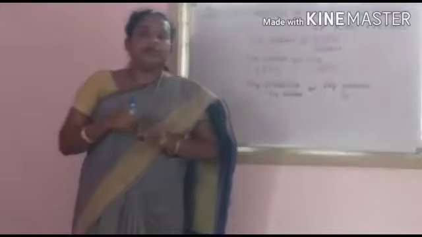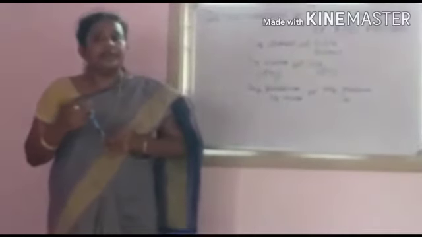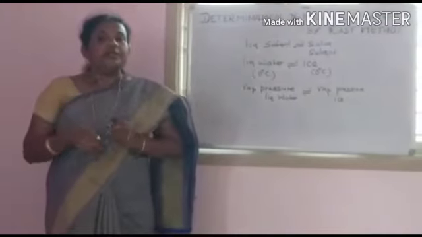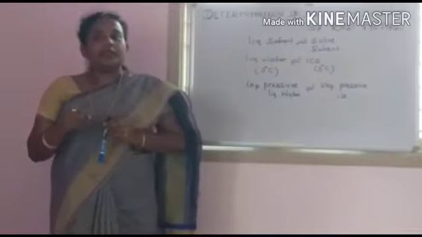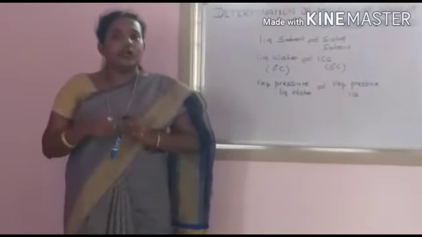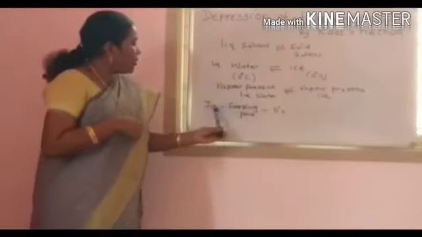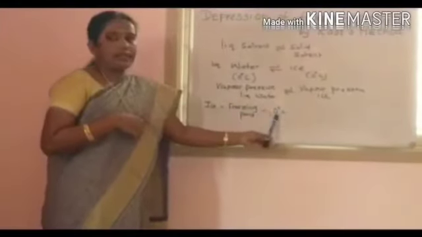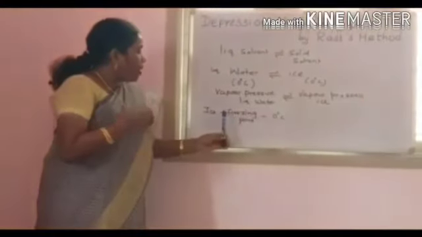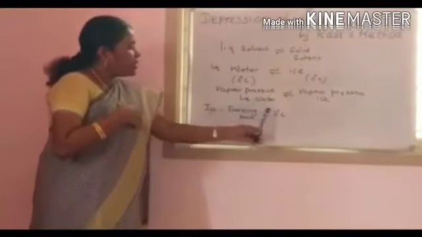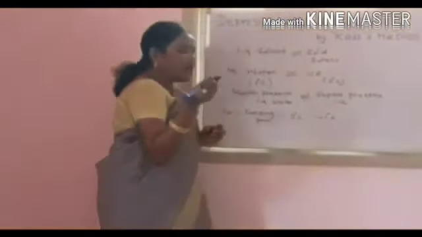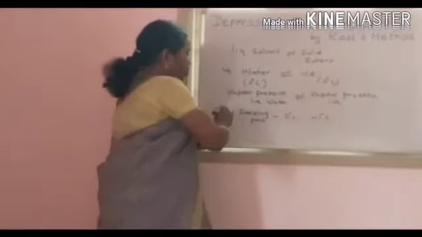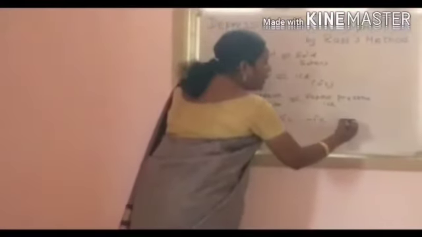Thus, the freezing point of a substance may be defined as the temperature at which the vapor pressure of a substance in its liquid phase is equal to its vapor pressure in the solid phase. The freezing point of ice is 0 degrees Celsius. If we add 1 gram of salt to ice, the freezing point may go to -1 degree Celsius. Again, when you add some more salt to ice, the freezing point may decrease to -2 degrees Celsius.